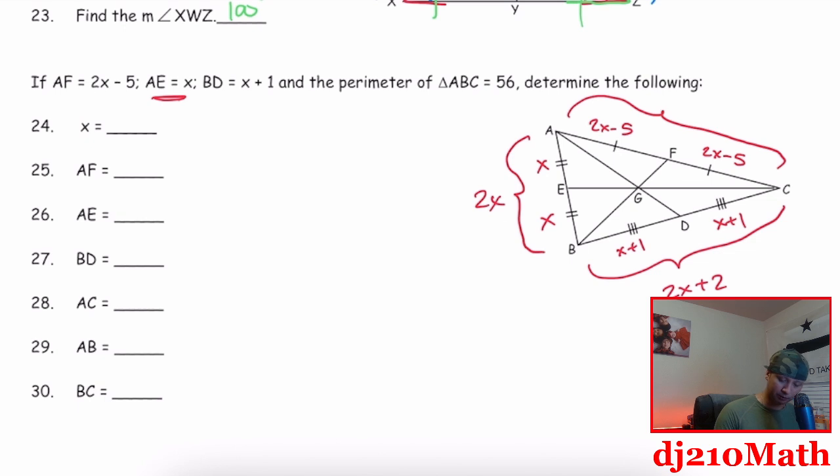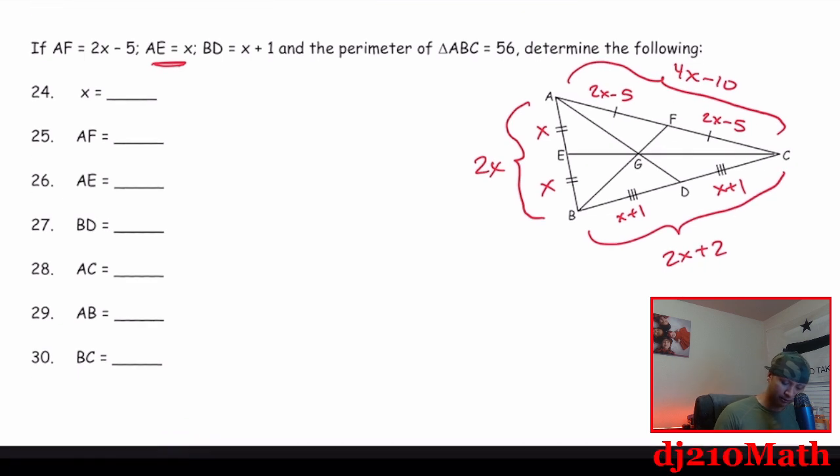All right, 2x plus 2x is 4x. Negative 5 minus 5 is negative 10. When we add all these up, this should equal 56 because the perimeter is 56. I'm going to switch colors. 2x plus 4x minus 10 plus 2x plus 2 should equal 56. Combining all the x's, 2, 4, 8, so 8x.